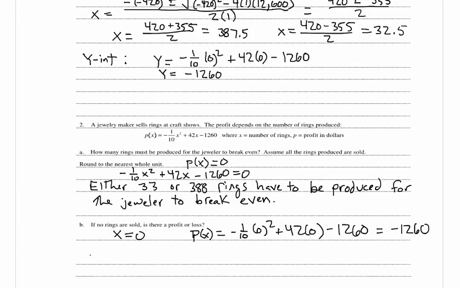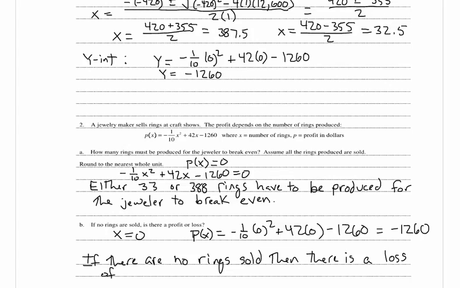So we can say if there are no rings sold, then there is a loss of $1,260.